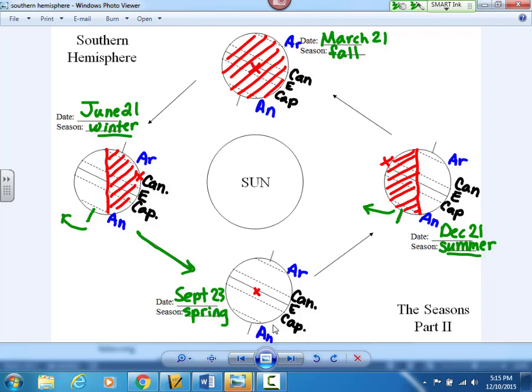One thing that I forgot to point out on the other page: if you look at the North and the South Pole, look at the North Pole here where it's tilted towards the sun. Do they ever have nighttime, truly? No, it's daylight all the time because even as the Earth rotates, this point right here at the North Pole is always on the lighted side.